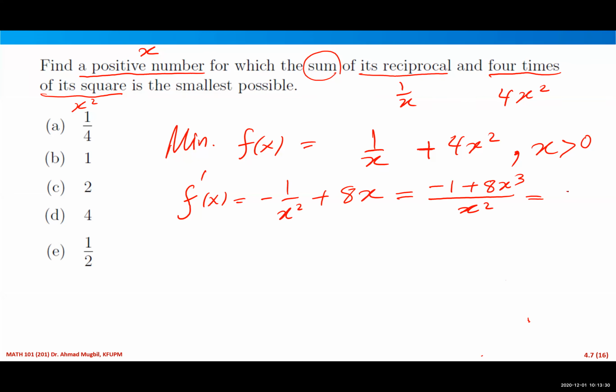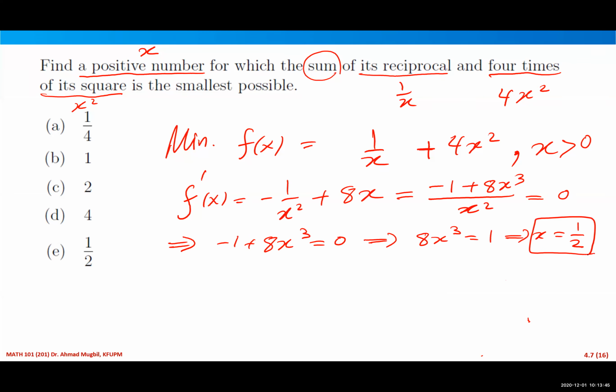Now set it equal to 0. You will have negative 1 plus 8x cubed equals 0, which means that 8x cubed equals 1, which means that x equals 1 over 2. Am I right? So x is a half. This is the number that we are looking for, and the answer is E.